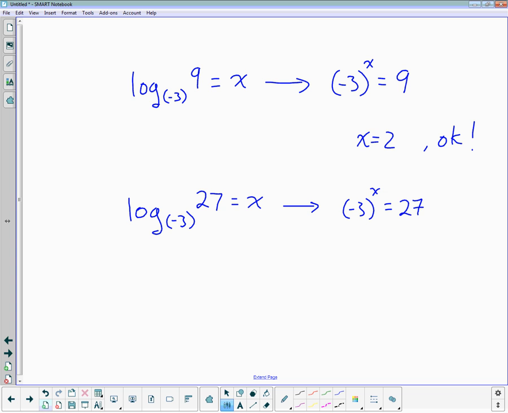What happens now? Well, 3 times 3 times 3 is 27, right? But negative 3 times negative 3 times negative 3 is a negative 27. So negative bases become a problem. And in fact, we can't have a negative base just for this reason.